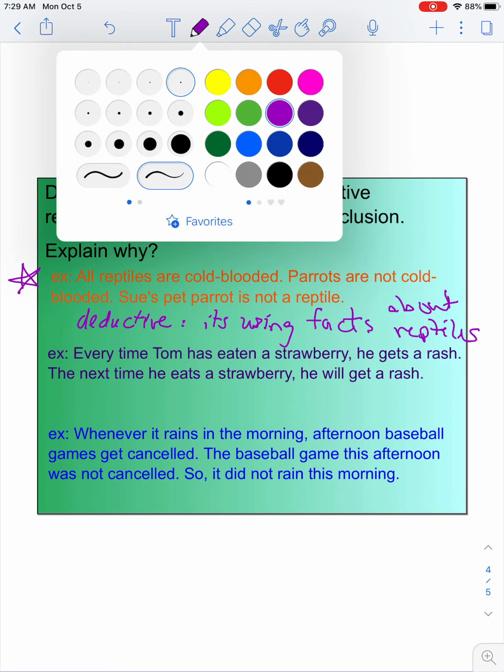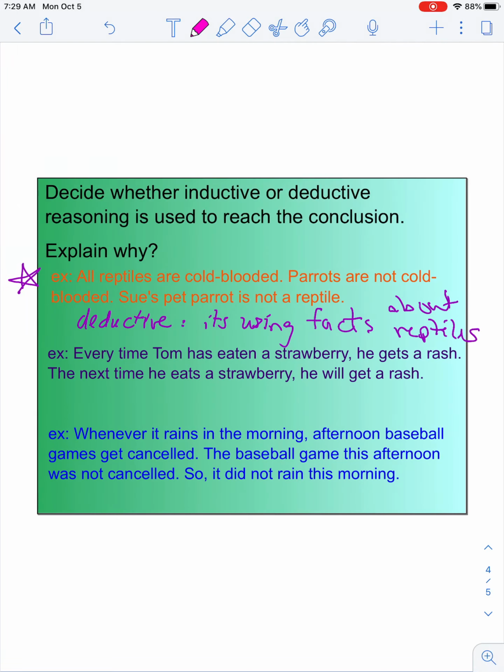Okay, if we look at the next one, it says, every time Tom has eaten a strawberry, he has gotten a rash. The next time he eats a strawberry, he will get a rash. So now we're using inductive reasoning. There's no accepted properties or facts that if you eat a strawberry, you get a rash.